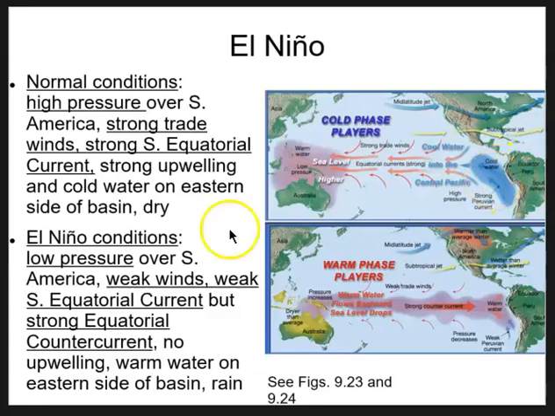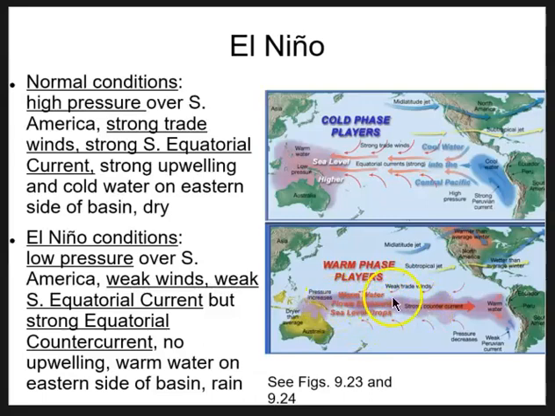waters here. Now, in an El Nino, instead, you end up with low pressure over South America, which results in much weaker winds. So because the winds aren't very strong, the south equatorial current doesn't flow as fast. And instead, in between the north equatorial current and the south equatorial current, there is another current that is called the equatorial counter current.